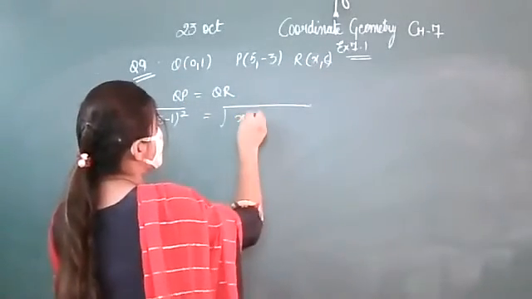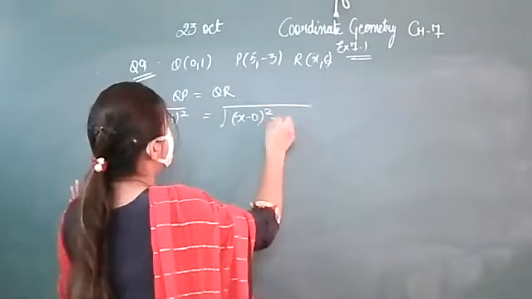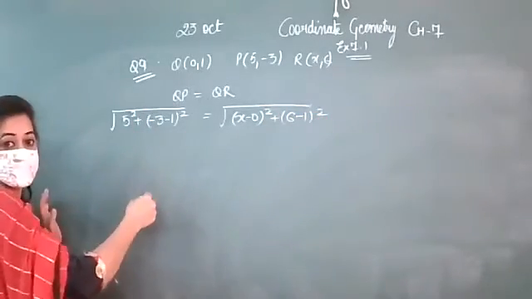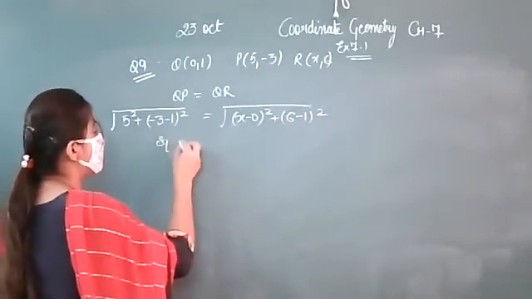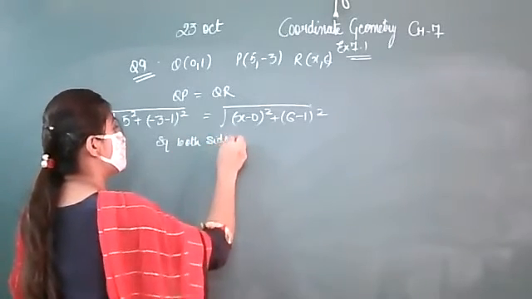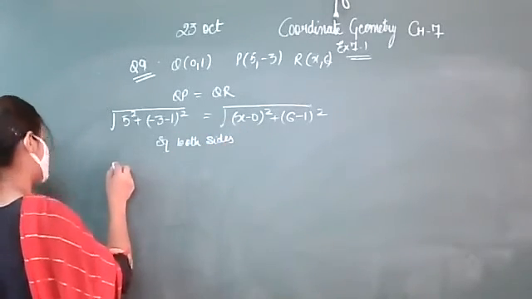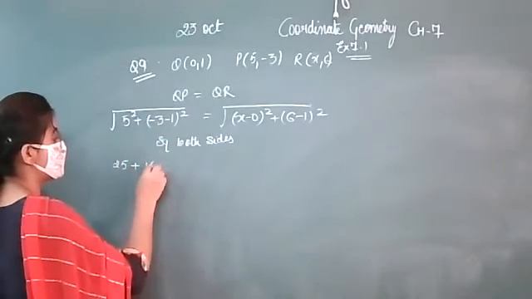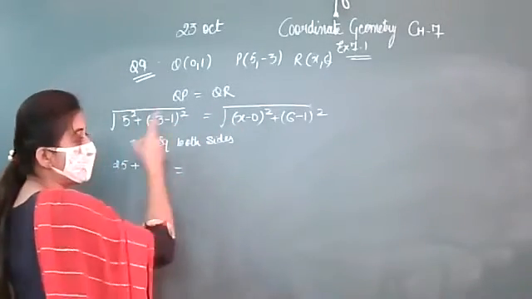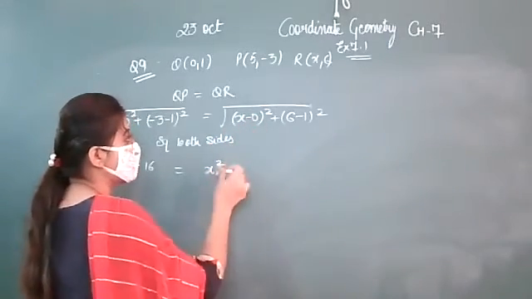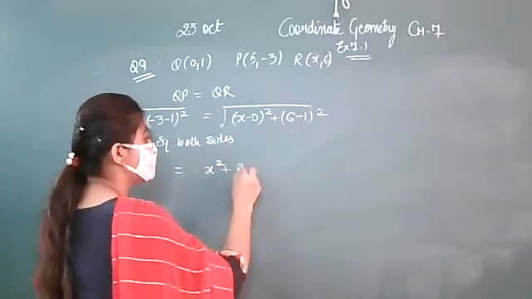So (x minus 0) whole square plus (6 minus 1) whole square. Square both sides. So when you square both the sides, this will give you 25. This is minus 4. This is 16. The square root will be removed from this side also. So we'll be left with x square plus 5 square, that is 25.